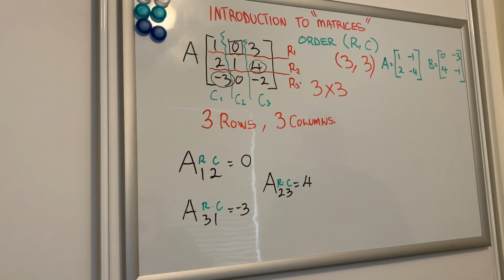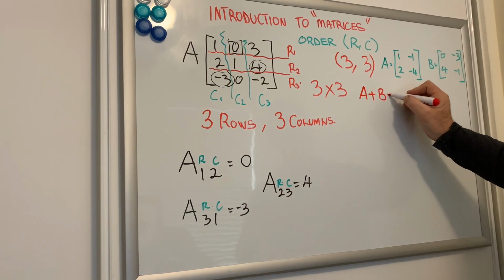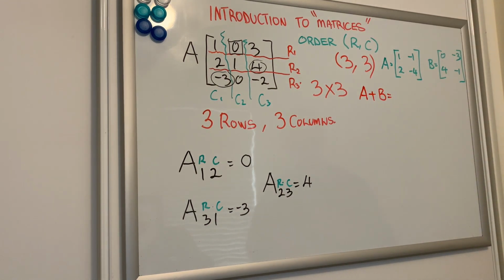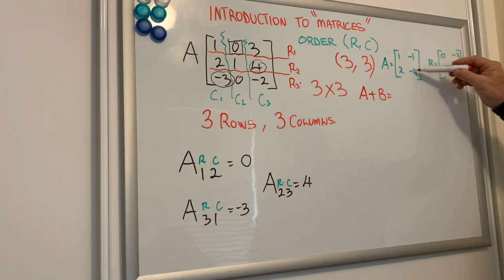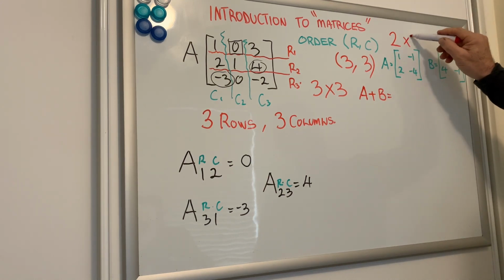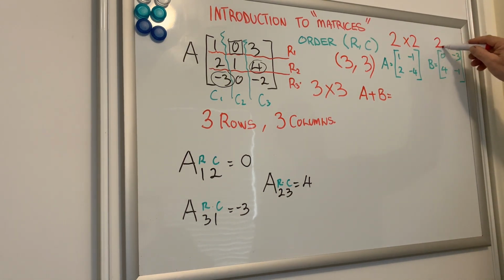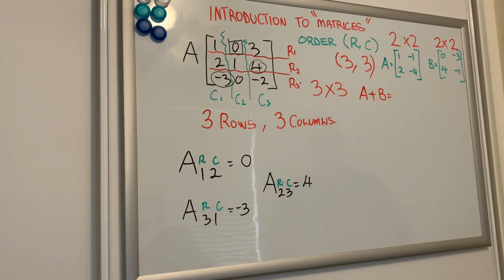And let's say we wanted to find what A plus B equals. Before we add or subtract, we need to make sure that the order of these matrices are the same. This one is 2 rows by 2 columns, so it's 2 by 2, and so is the other. So we can add or subtract these matrices because the order of each matrix is the same. Remember, when we're adding or subtracting, the order must be the same.